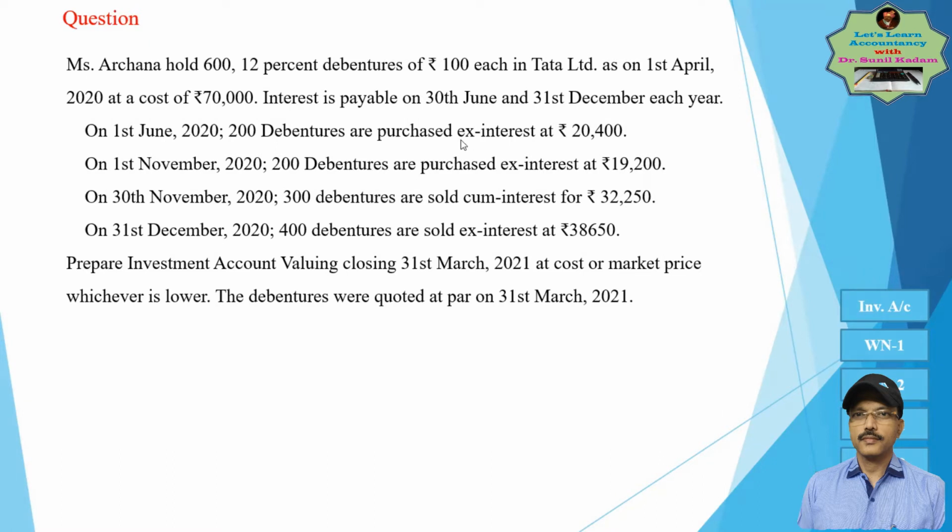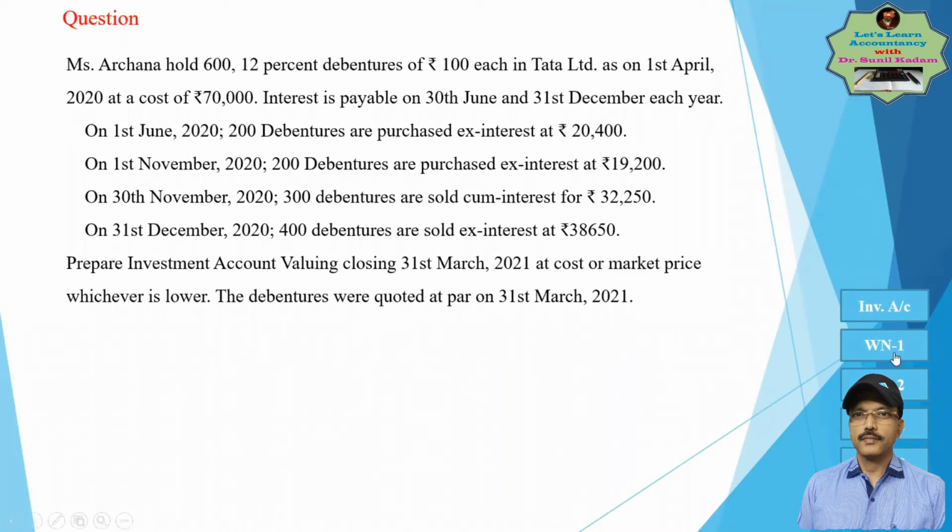record this, but remember it is an ex interest price, not cum interest. If ex interest, the interest is paid additionally, not included in this price. When it says cum interest, it is included in the price. That's why we have to subtract it. But here it is an ex interest price. Let's work out.